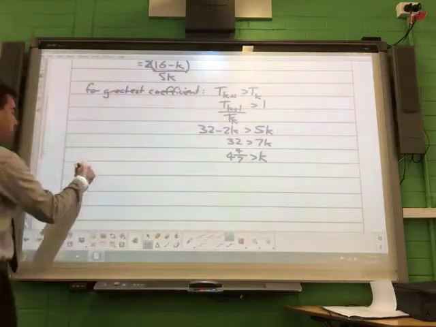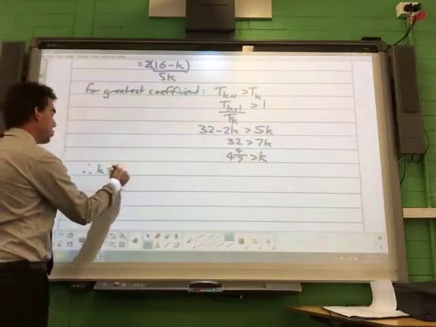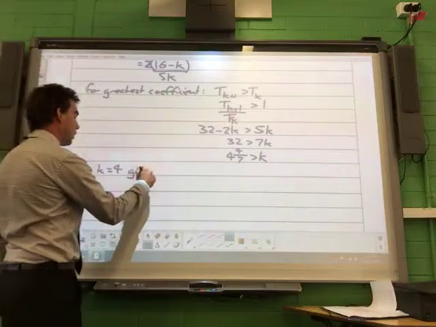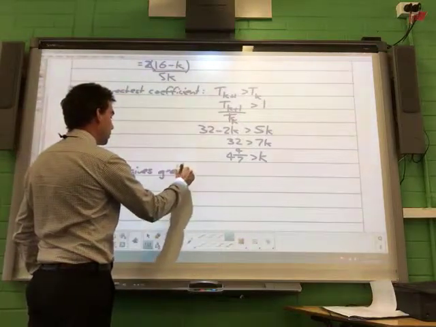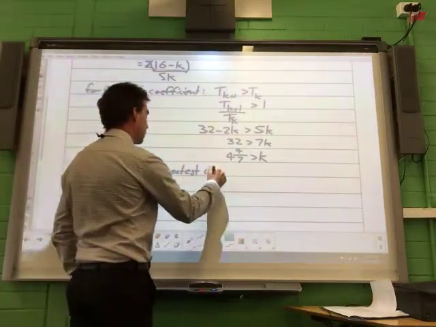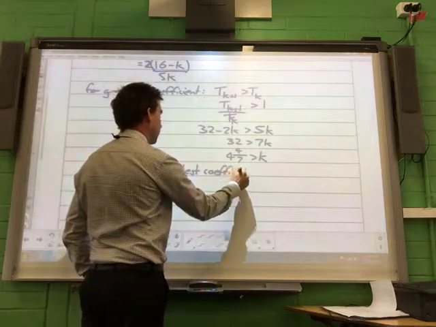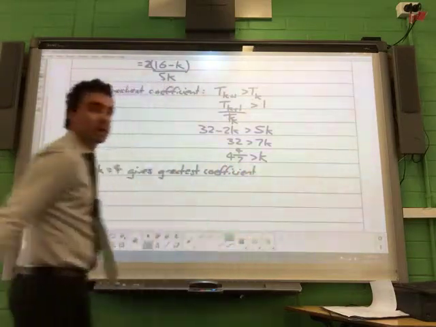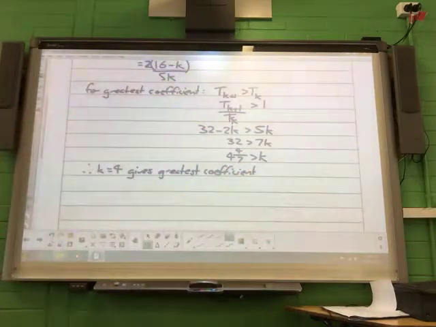So therefore, k equals 4 gives the greatest coefficient. Make a note of that. Don't go to the next step without making a statement of what the value is, because if you don't get the next step correct, you get your part mark for that stage, assuming you're correct.